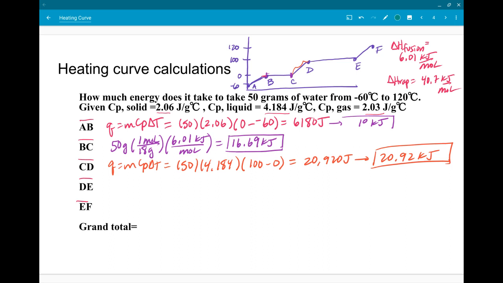Okay, now let's look at line segment DE. Notice that is also a phase change problem. So 50 grams, we're going to convert to moles like we just did, and then multiply by the molar heat of vaporization. Solve that out, and you'll find that that's 113.1 kilojoules.